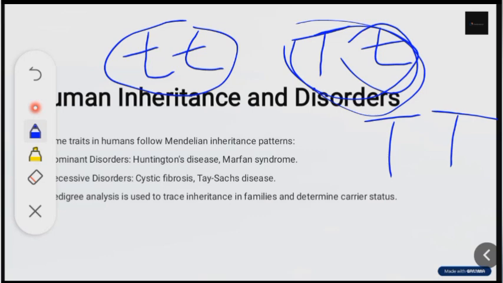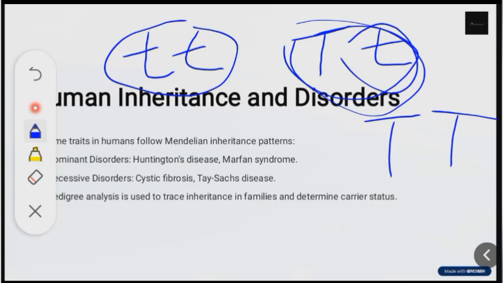So we are now seeing dominant disorders. Dominant disorders are those disorders that can manifest even when the child inherits a single copy from the parents. Example, Huntington's disease.